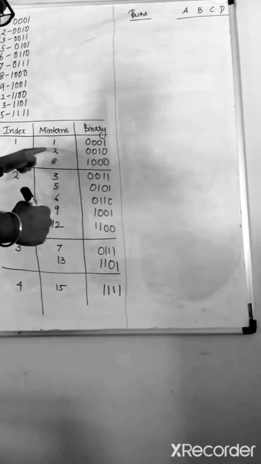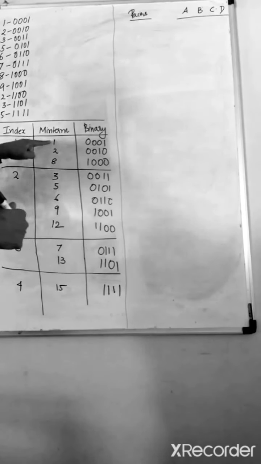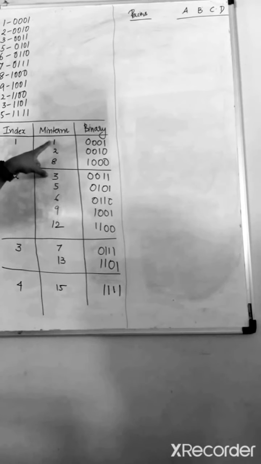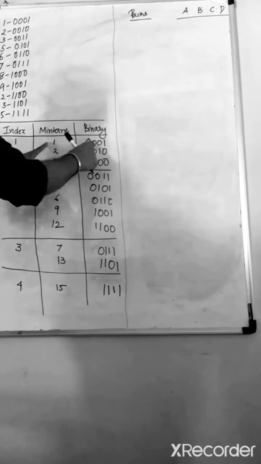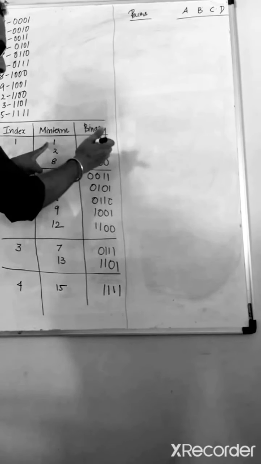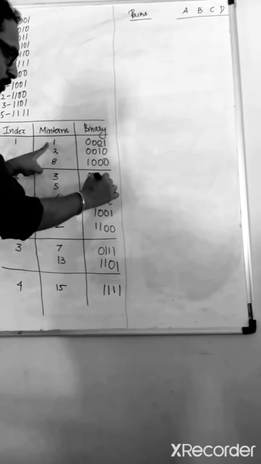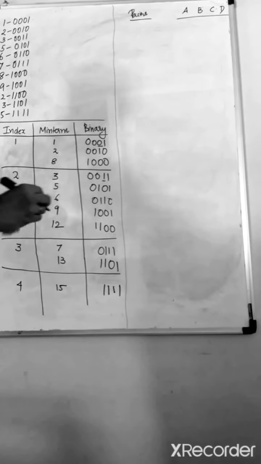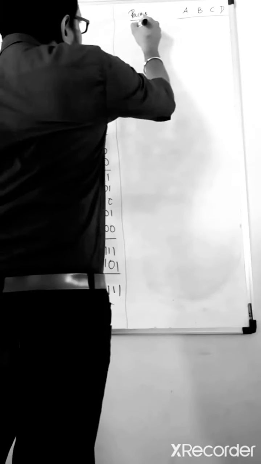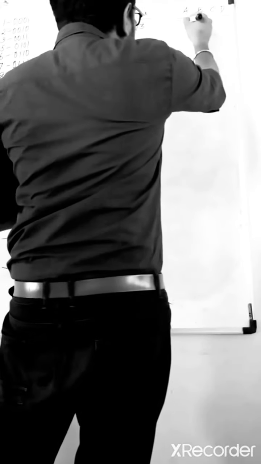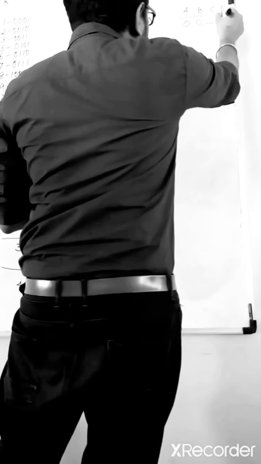First pair is compare 1 with 3. See, 0 0 0 1, 0 0 1 1. Just this is the part which has the change. Got it? Third bit. So the pair formed is 1 3 and we write it as 0 0 dash 1.